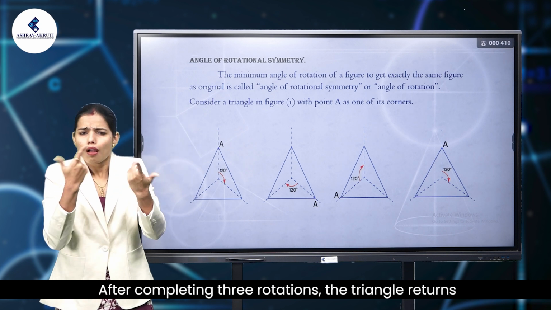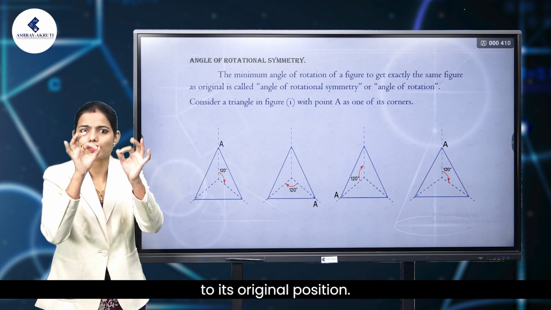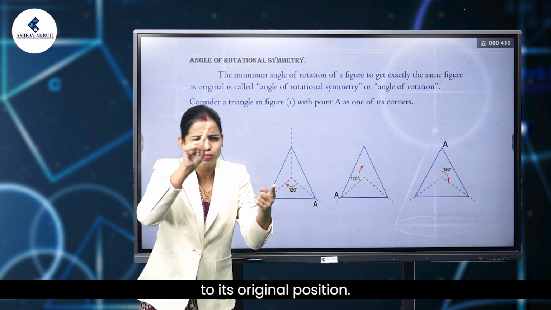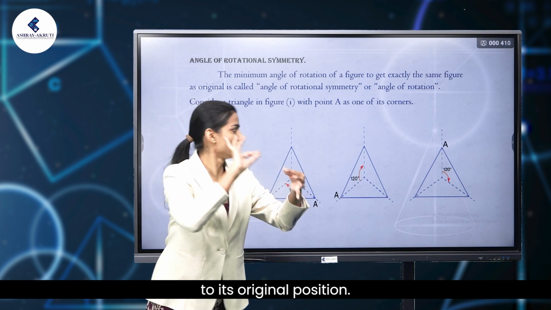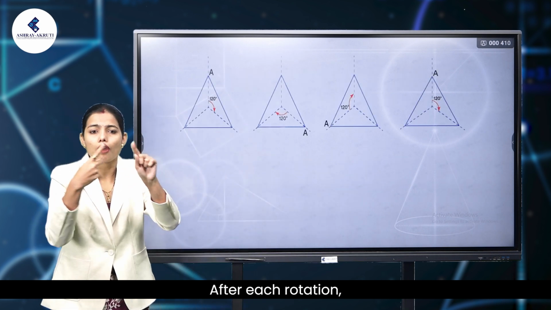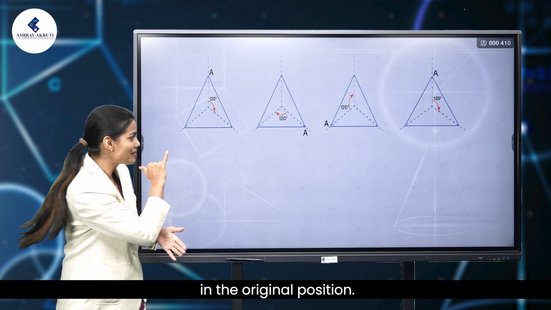After completing 3 rotations, the triangle returned to its original position. After each rotation, the triangle looks exactly the same as it did in the original position.